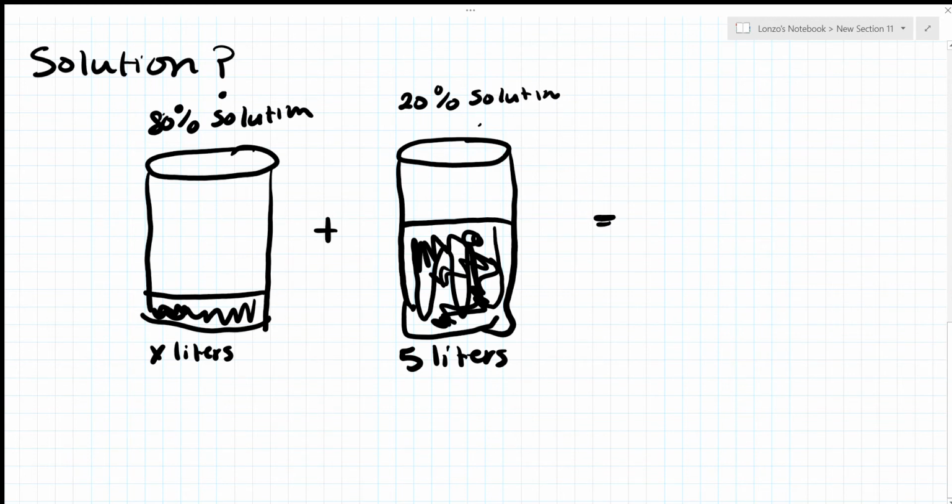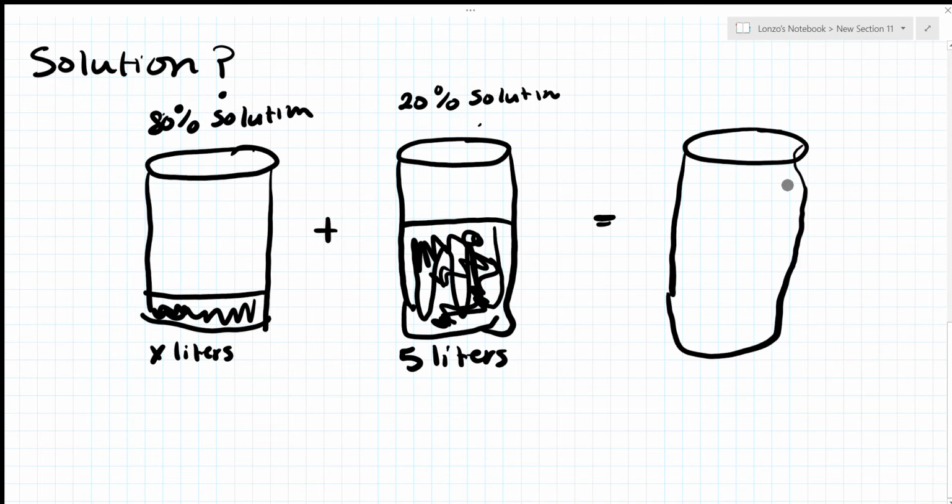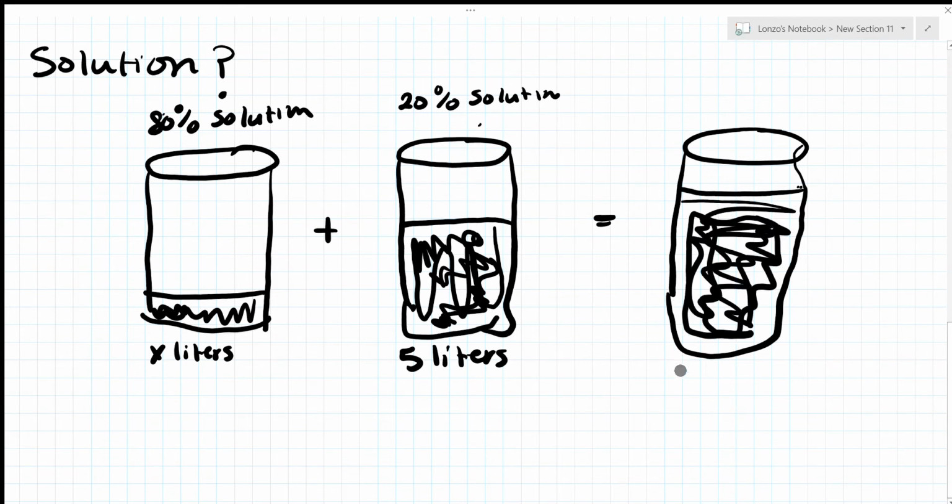If you add all those together, you're going to get x plus 5 liters.